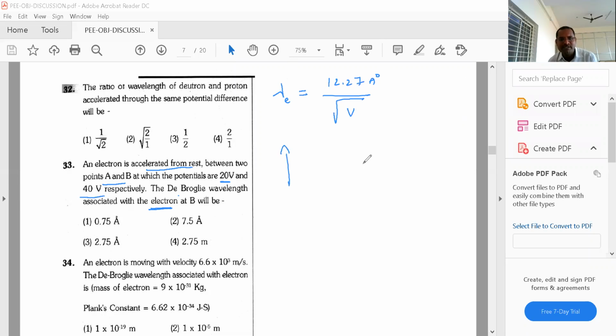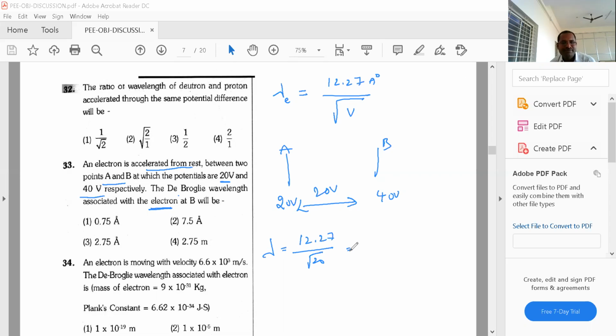Point A is at a potential of 20 volts, point B at 40 volts. Then what is the potential difference? Yes, 20 volts, from 20 to 40. So the wavelength will become 12.27 by root 20.